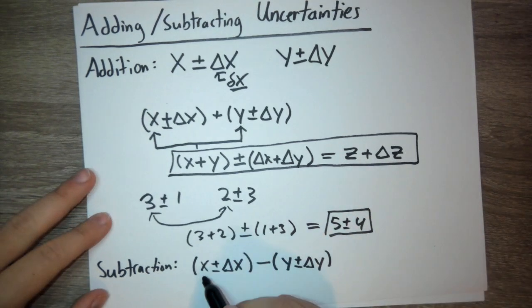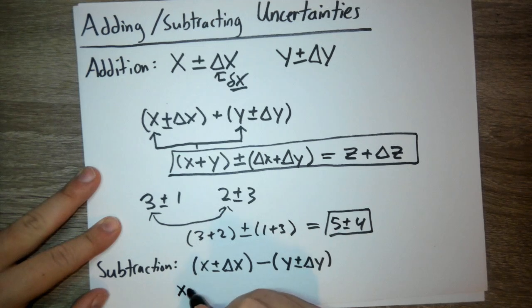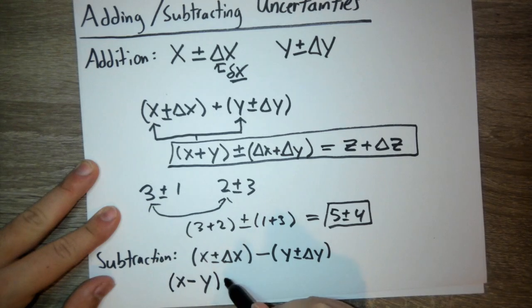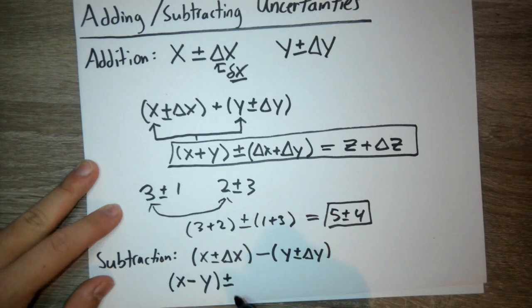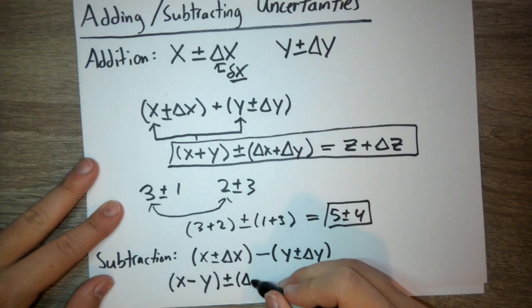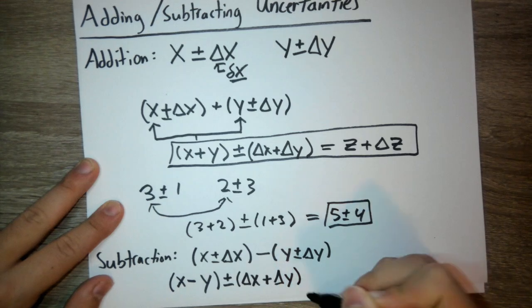Well, we can subtract the first two quantities, so x minus y. Then we add the plus or minus because we're now only looking at uncertainty on the right side. And what we do here is we take delta x plus delta y.